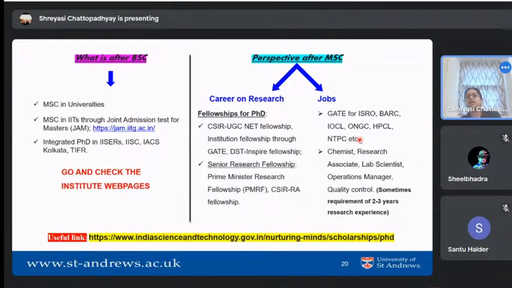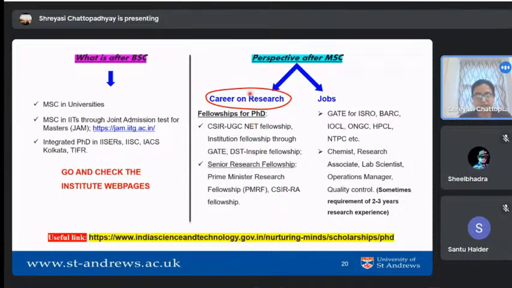There are also several non-government companies taking students for research purposes. For a PhD, there are fellowships in Indian universities and research institutes. Even with GATE you can go for an institute fellowship, and after a junior research fellowship you can apply for senior research fellowships to carry on further.